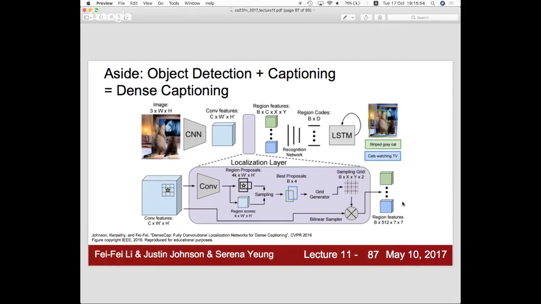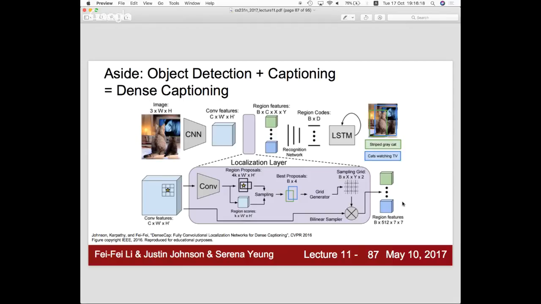So the main idea is that it is basically the same as Faster R-CNN. You get the image here. They use, I think, ResNet to get the convolutional features. And then this is almost the same as Faster R-CNN. You get the region proposals, and then you select the best proposals. And then you get the region features for each ROI.